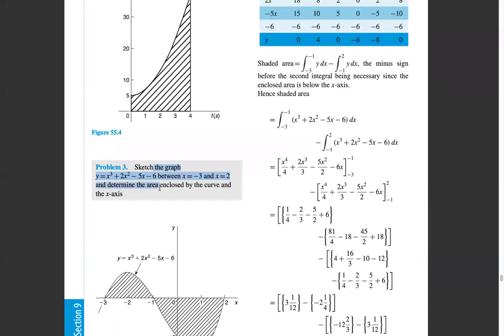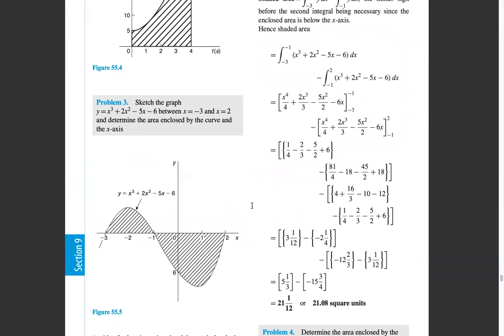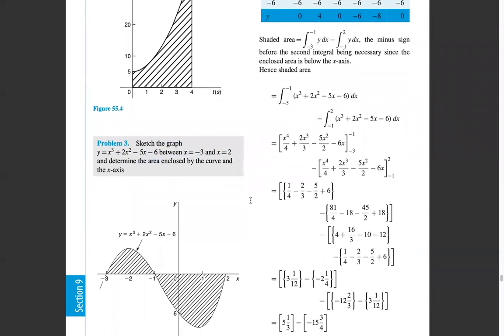Here they ask you to sketch a graph and determine the area enclosed by the curve and the x-axis. You can't do this question unless you know how to solve polynomial equations, right? So this is a tricky thing to do. If you look at the integral they're doing, the integral of this thing from -3 to -1, they integrate the original function and put the limits -1 and -3, -1 up here, -3 here.